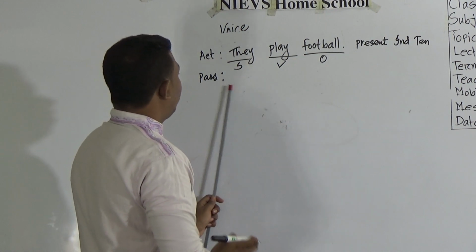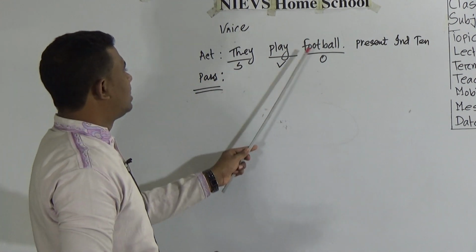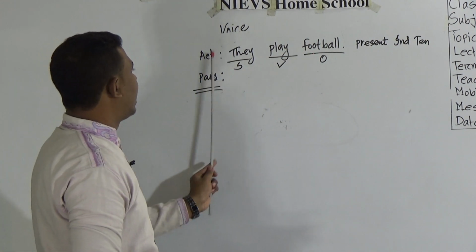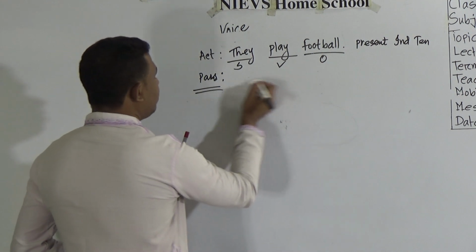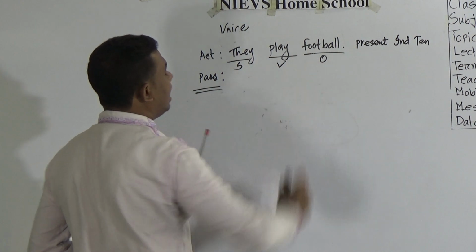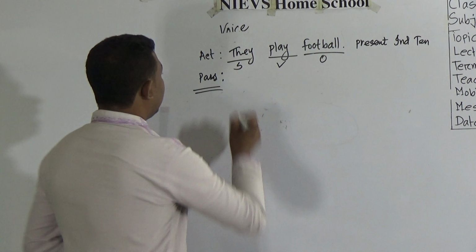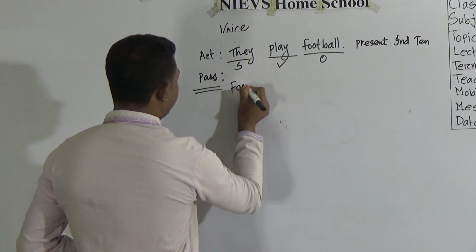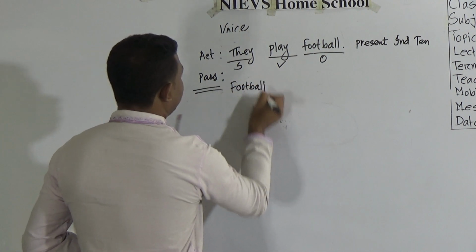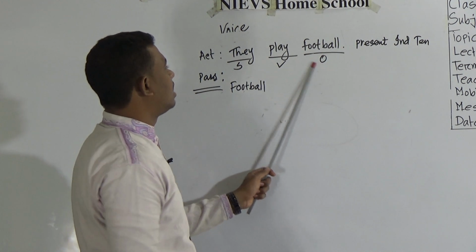First of all, at the time of doing passive, we have to convert the object of the active sentence into the subject. Football is a thing, not a person, so it will stay the same. It does not need to change, although it's a thing.